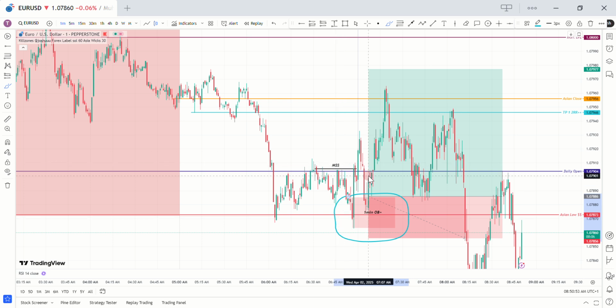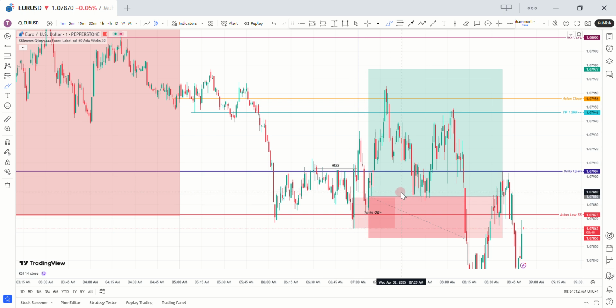As soon as price came into the order block, I was feeling somehow uneasy, like, should I execute? But I just said to myself, if I don't execute, that means I don't trust my system. Because sometimes this order block fails, and sometimes it works.